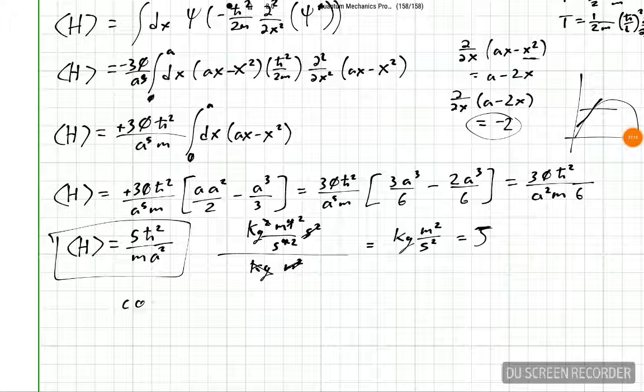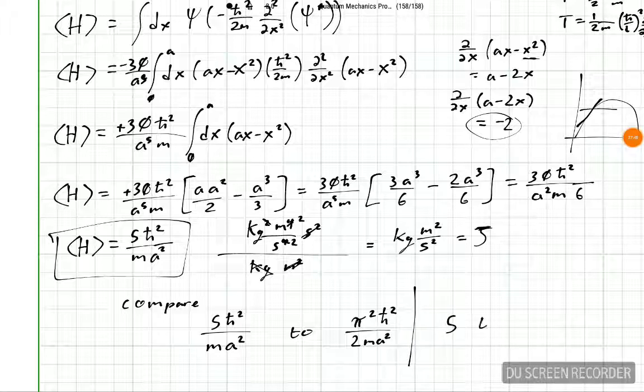Now let's compare them, because this is fun. So I want to compare 5 h bar squared over m a squared to my estimate, which was pi squared h bar squared over 2 m a squared. So the question is, how does 5 compare to pi squared over 2? So 5 to 3.14 squared over 2.